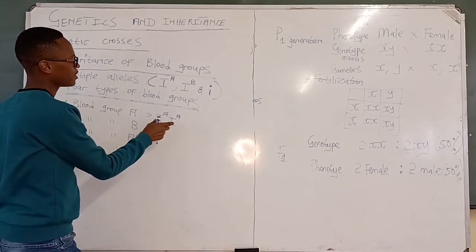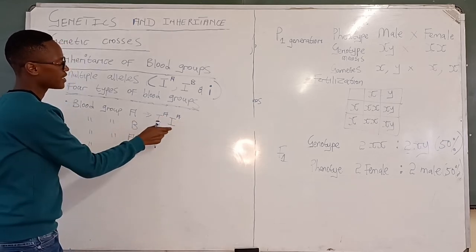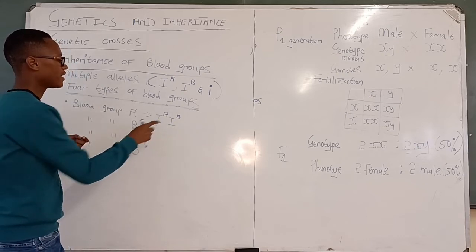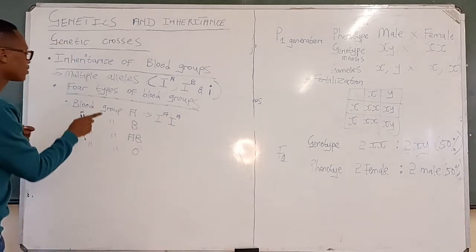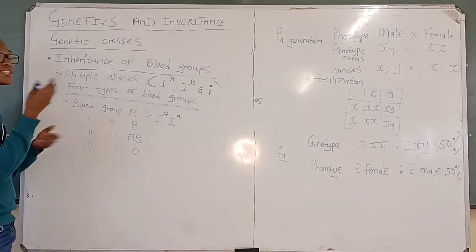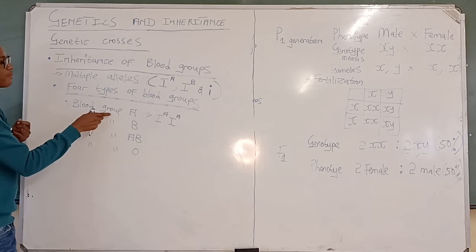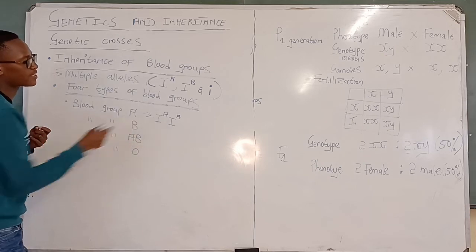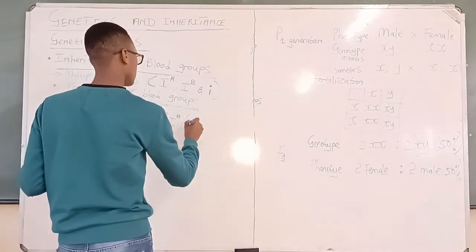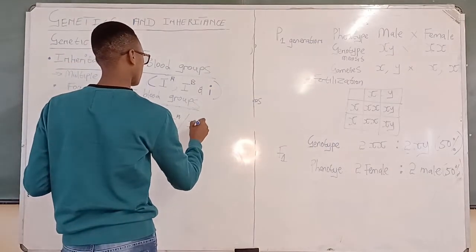So when these gametes with this type of immunoglobulin combine together during fertilization, they are going to give us this phenotype. The blood type is our phenotype in this case. So the phenotype is going to be blood group A when they are like this, or they must be like this.